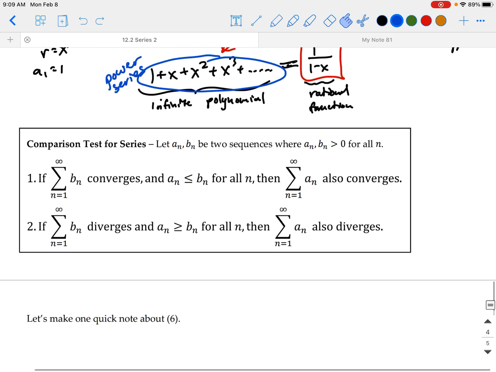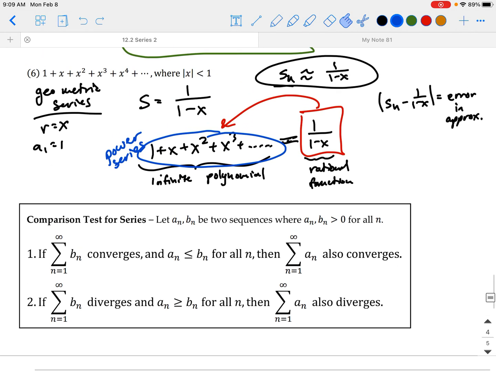Okay, and then we'll add a comparison test here as well, which is if we let a sub n and b sub n be two sequences where a sub n and b sub n are greater than 0 for all n. So these are non-negative series, non-alternating series. If b sub n converges and the terms of a sub n are less than or equal to b sub n, so each term by term comparison is going to be smaller for the same value of n in the series, then a sub n also converges.